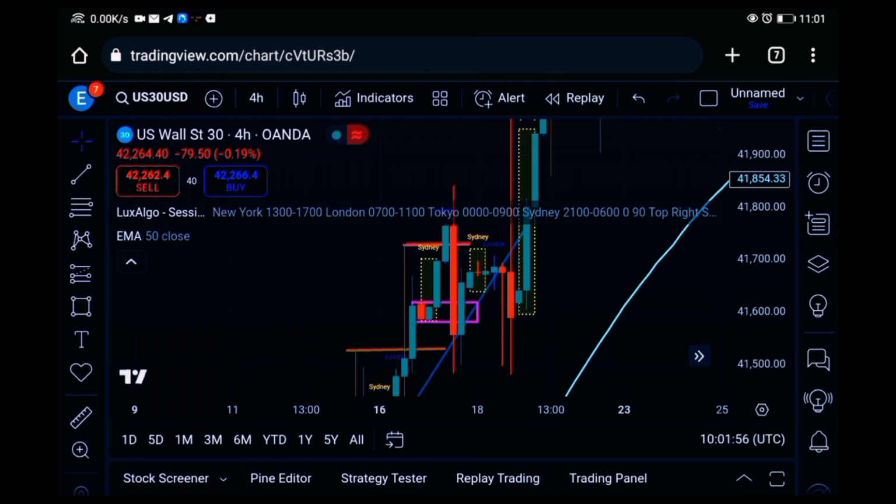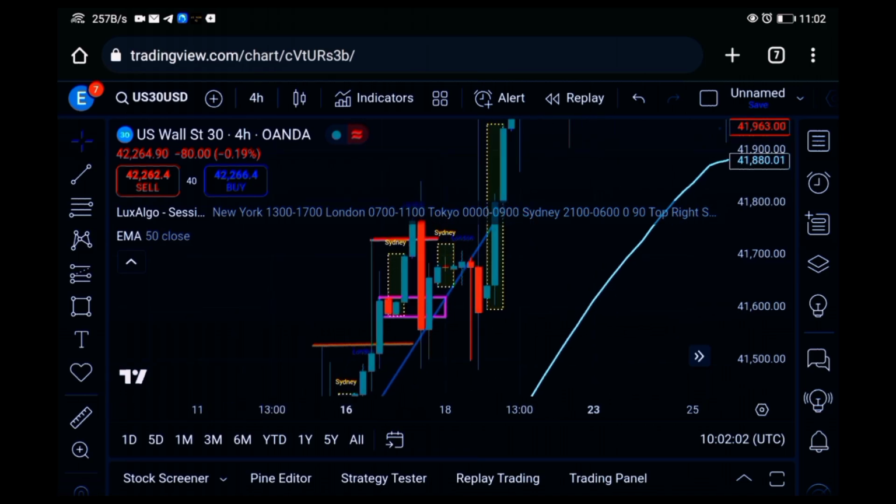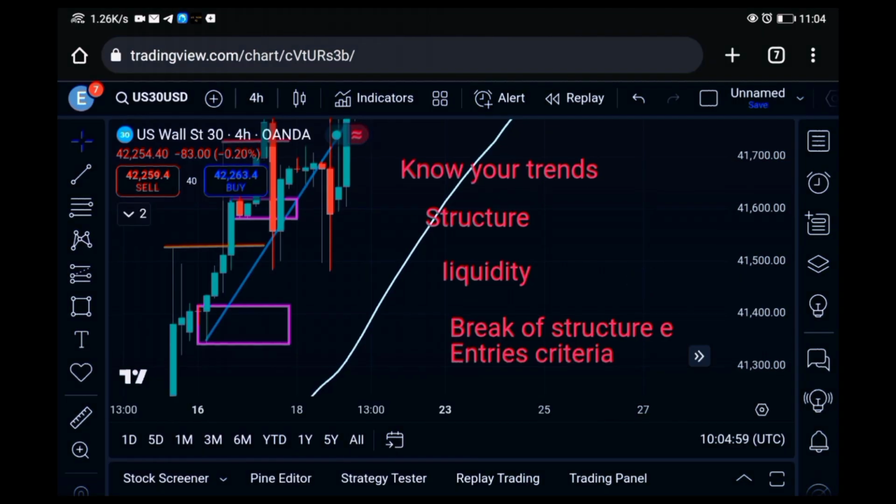Once that happens, now you are going to M15 after your criteria is met. Like I said, one, you know your trend. Two, you check for your structure. Three, wait for liquidity grab. Four, wait for break of structure again.